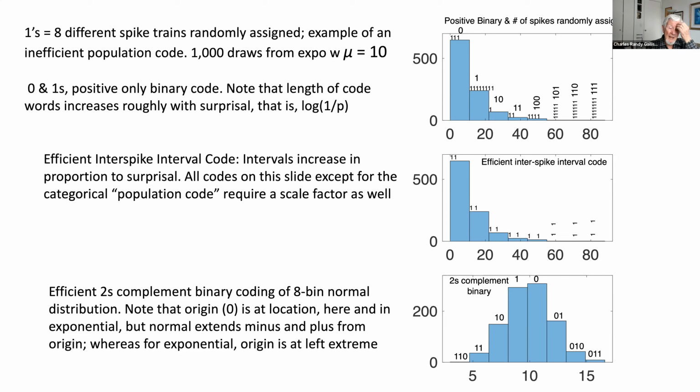And they also show, by the way, that that same system is transmitting the scale factor as well. So remember, I said that here we're just encoding the different intervals within some range, within some scale. And the exact same thing is true for that large field motion detector in the fly. This is a yaw detecting system, basically.